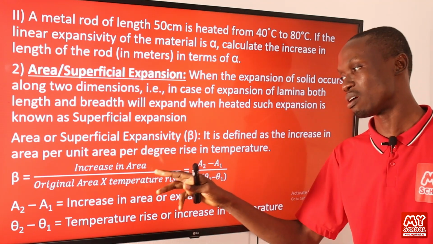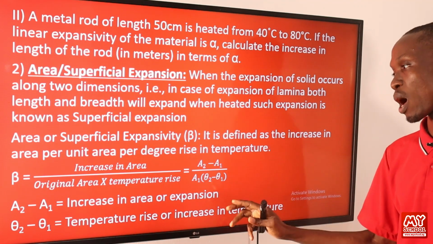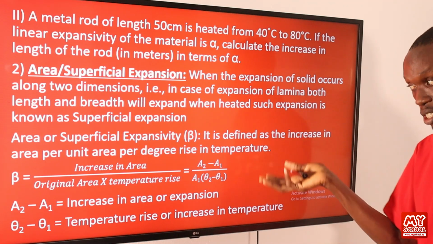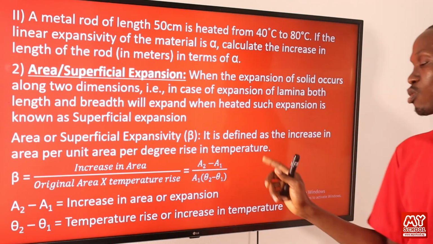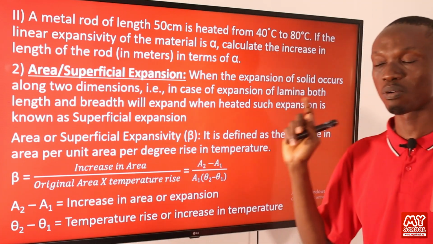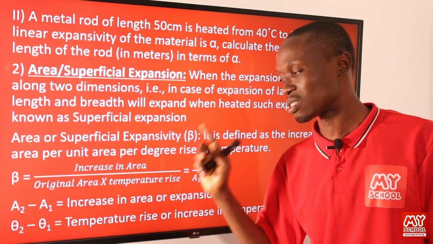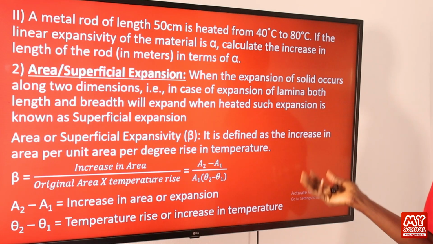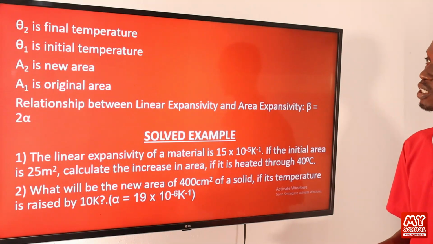The increase in area is given as A2 minus A1, while the temperature rise, which is the change in temperature, is given as theta 2 minus theta 1. Remember that A2 minus A1 represents the increase in area or expansion, while theta 2 minus theta 1 is the temperature rise or increase in temperature. Let's move to the next slide.